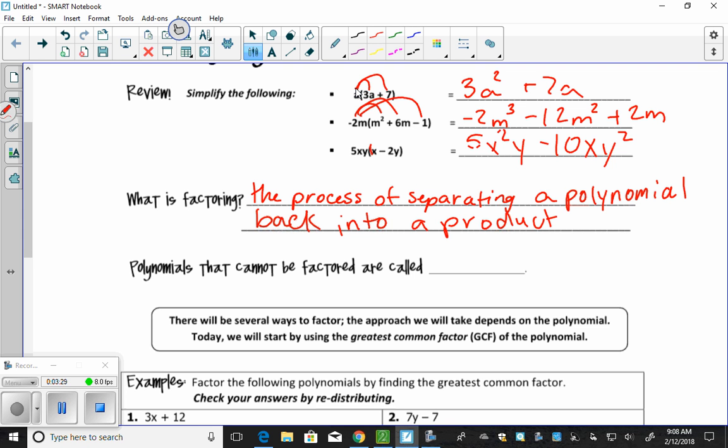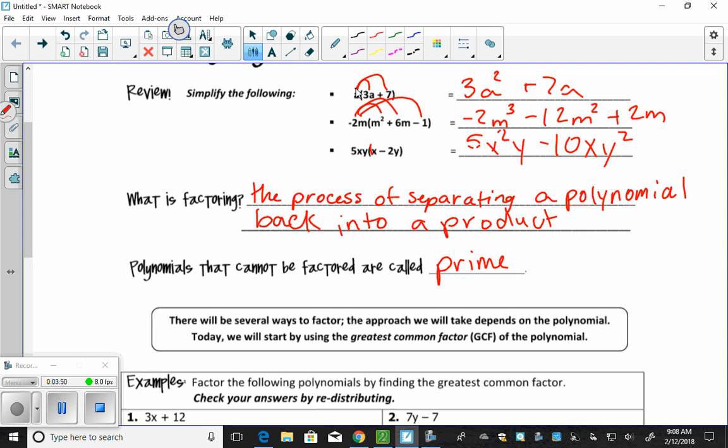Okay? There's going to be some instances where we try to factor and we can't find anything that will factor. Those polynomials that can't be factored are called prime. If you cannot find factors that will go into the polynomial, it is prime.